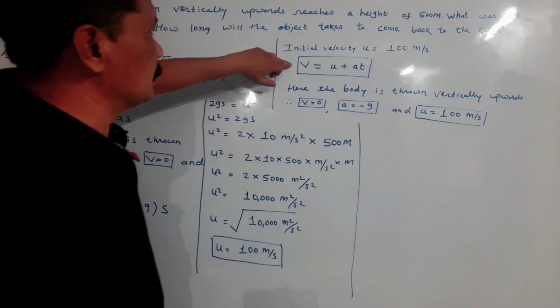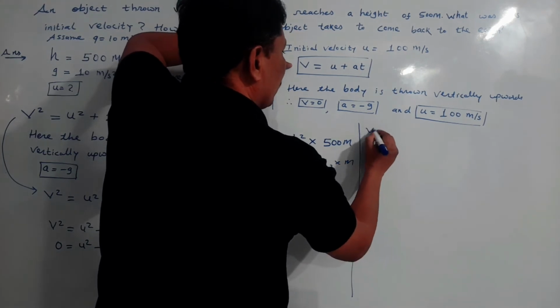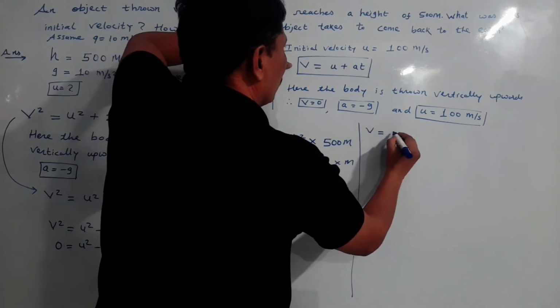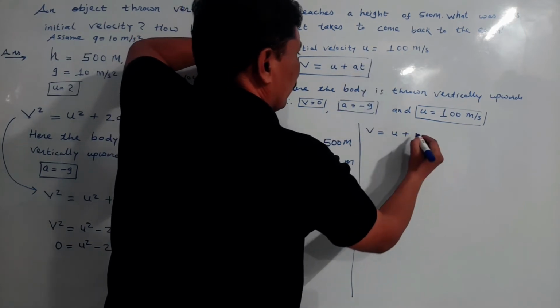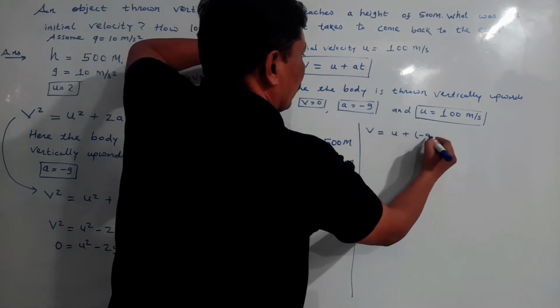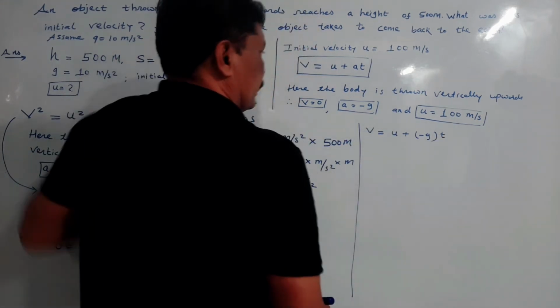So this kinematical equation now will become v is equal to u plus, in place of a we will write minus g, and t we will put as it is.